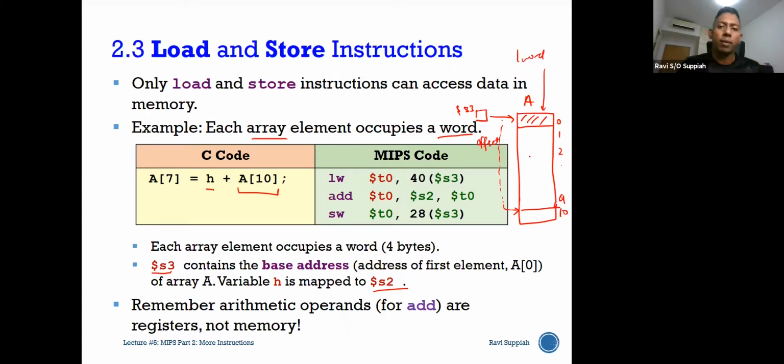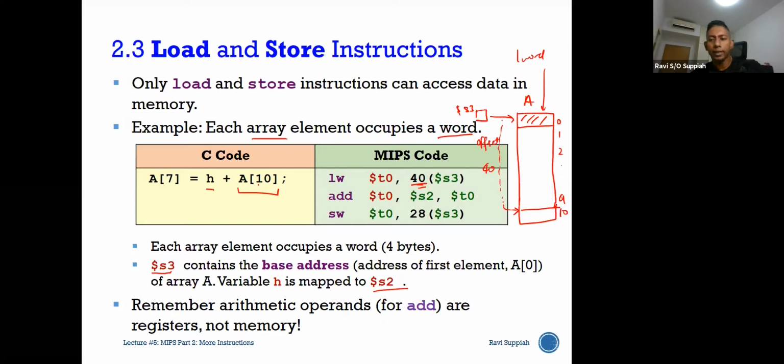So since I am accessing array element 10, that is actually 40 bytes away, because one element in the array is 4 bytes. So the 10th element is 40 bytes away. That is why we use 40 over here. We are offsetting from the base 40 bytes. So that is equivalent to array index 10.